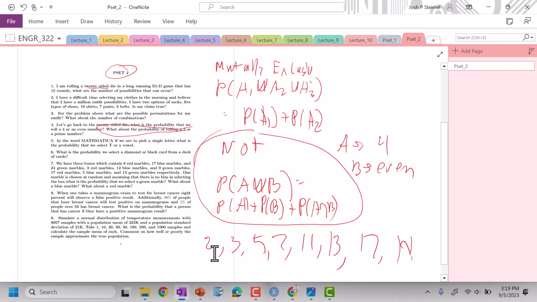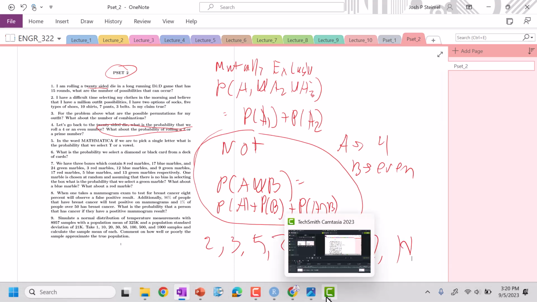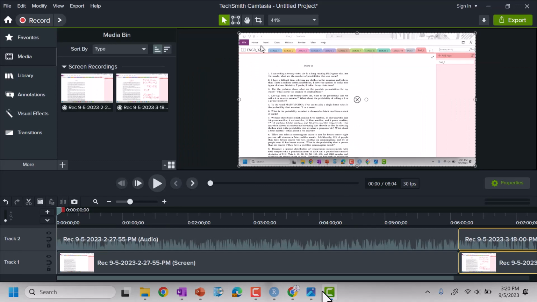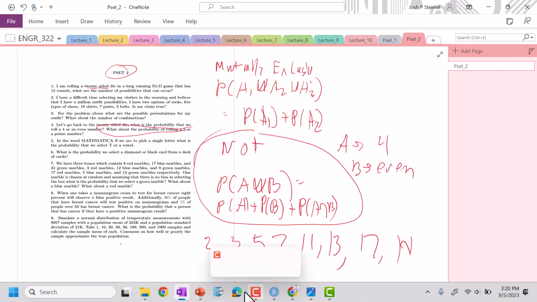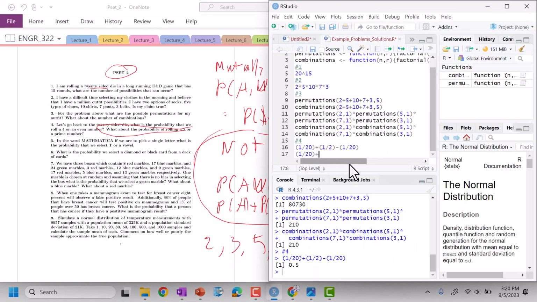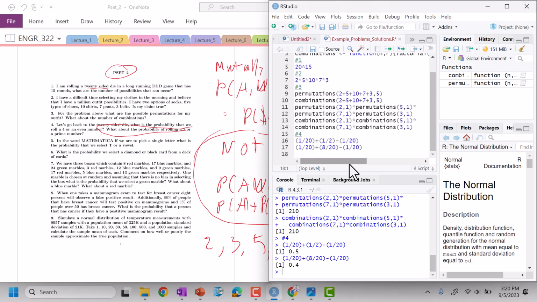So we can roll 1, 2, 3, 4, 5, 6, 7, 8, which is 8 out of 20 outcomes. So let's go to our R, plus 8 out of 20. So that's my probability of rolling a prime. And the probability that I roll a 2 and that's also a prime number is going to be 1 divided by 20. And there we go.